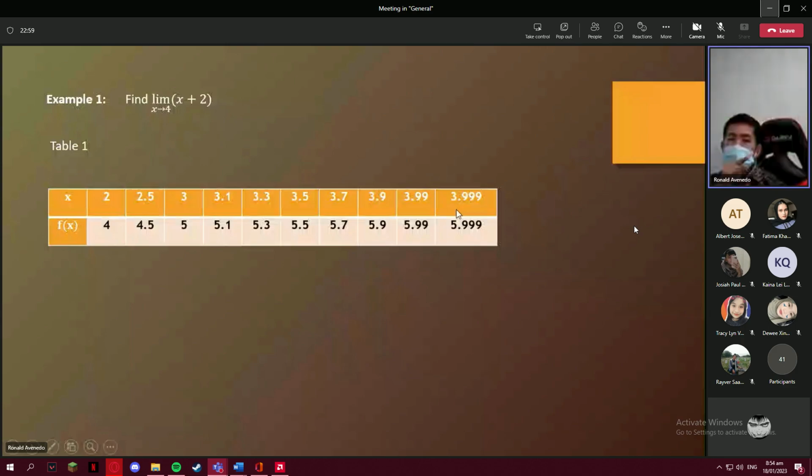Tingnan ang values from left to right. When x approaches 4 from left, then it will look at the values of f of x: 4, 4.5, 5, 5.1, 5.3. It approaches also with a particular number. Later on, tingnan natin kung saan din papunta yung limit. Saan din siya pinakamalapit.